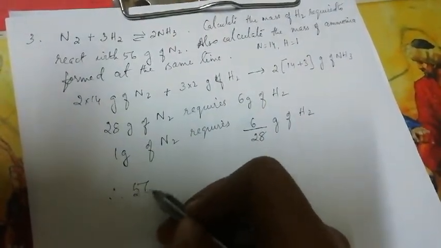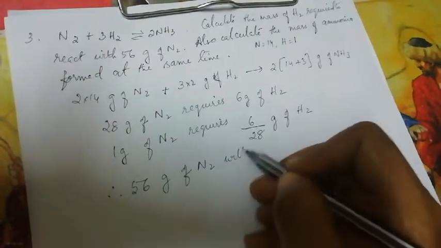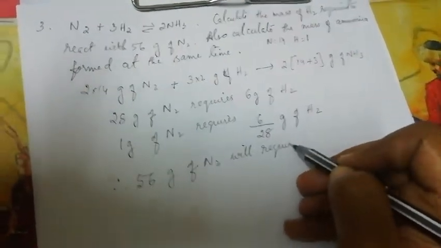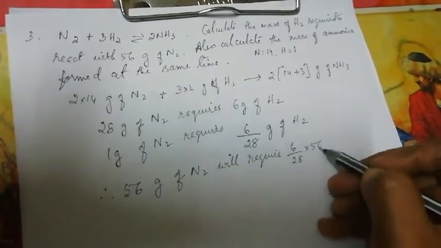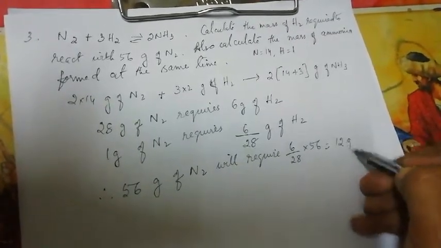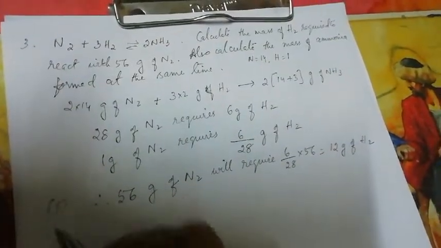Therefore, 56 grams of nitrogen will require 6 by 28 into 56, that is 12 grams of hydrogen. This is the first bit. What is the second bit? Calculate the mass of ammonia formed at the same time.